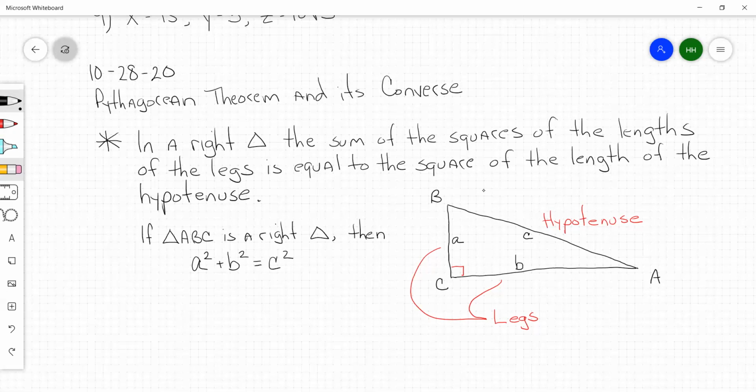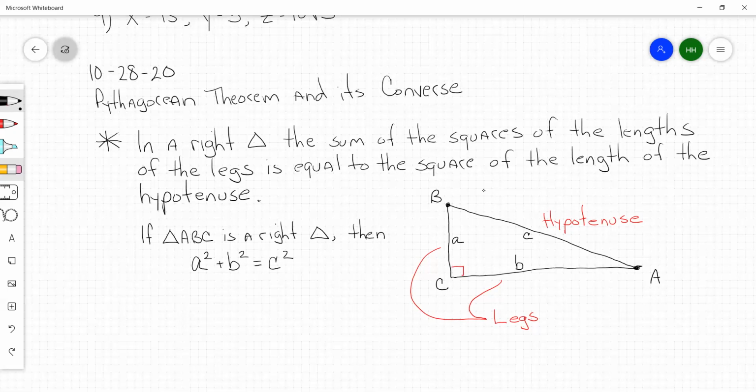He said we were using it to find out how long the hypotenuse was, right? Anybody remember using it instead of the distance formula to find how long a diagonal was on the coordinate plane? We've done that a few times, right? All right, well, this is the official formula right here. This is the Pythagorean theorem and its converse.